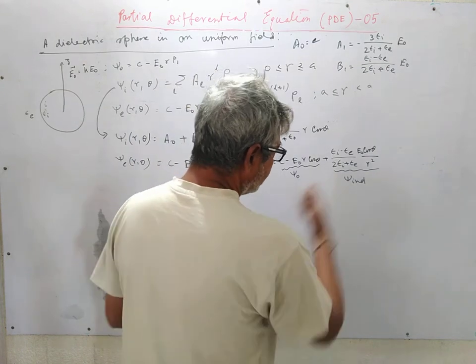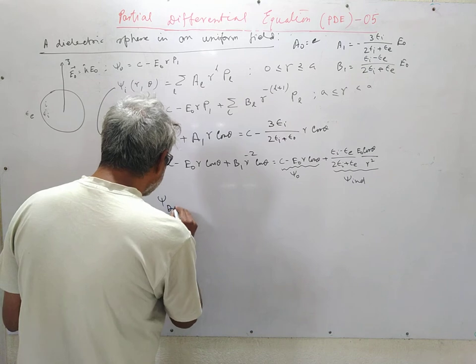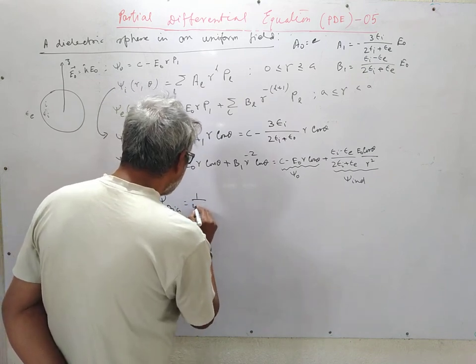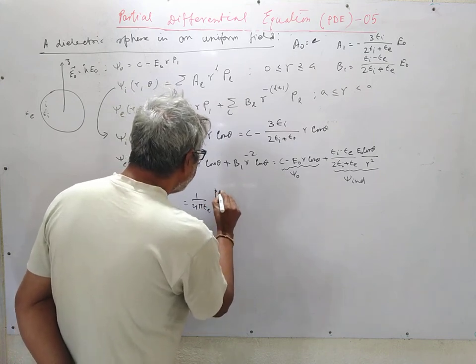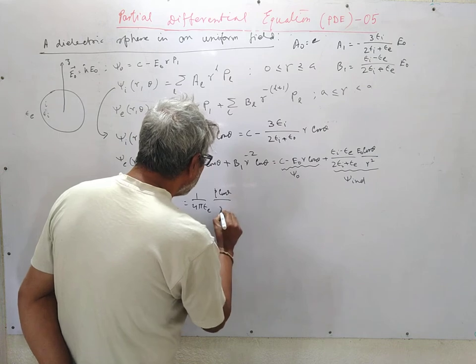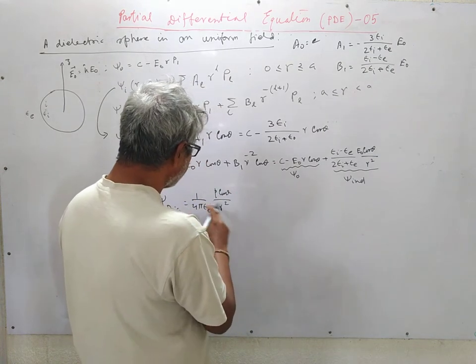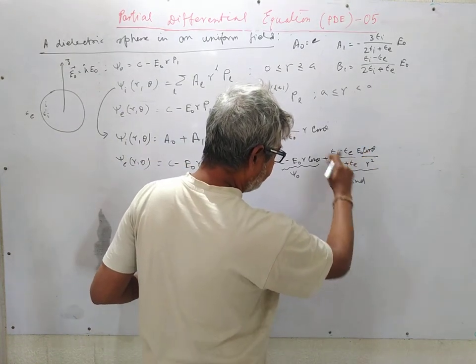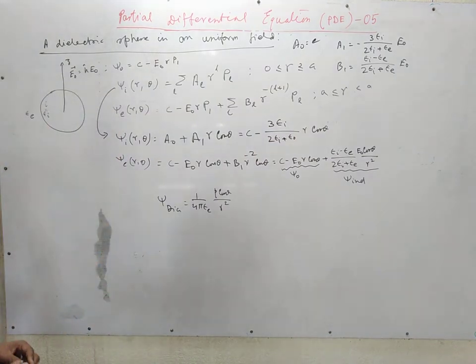Because the dipole potential is phi dipole, as we have done in the other class, is 1 by 4 pi epsilon E, P cos theta by r square, from where we identify 1 upon 4 pi epsilon E P as this part, and the dipole moment and polarization can be obtained as we have done in the earlier class.